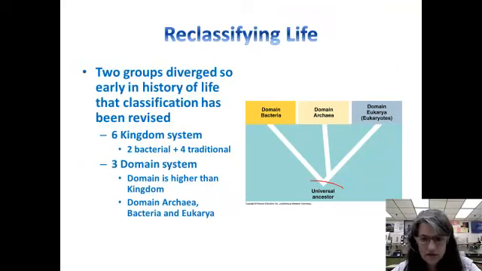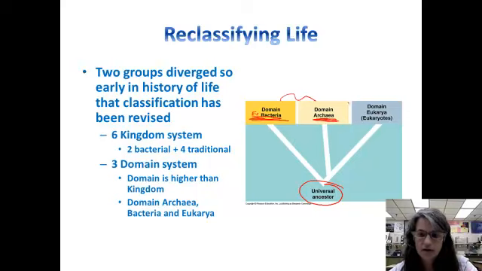There is a universal ancestor for all domains: the regular bacteria, the archaea. These are also called eubacteria sometimes, but domain bacteria and domain archaea are 2 prokaryotic domains, and then the eukarya, which is all of the eukaryotic kingdoms.